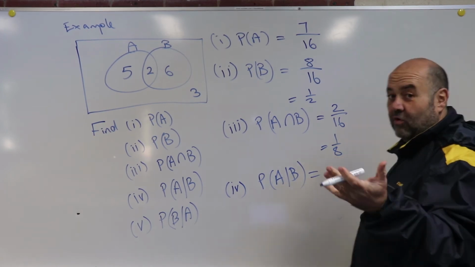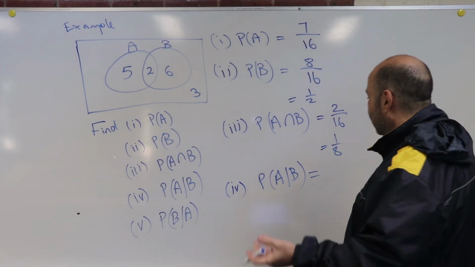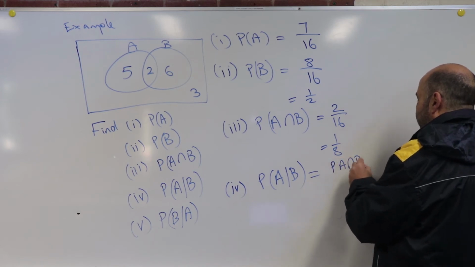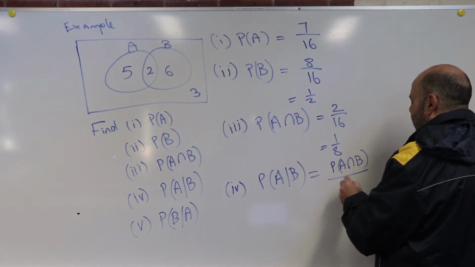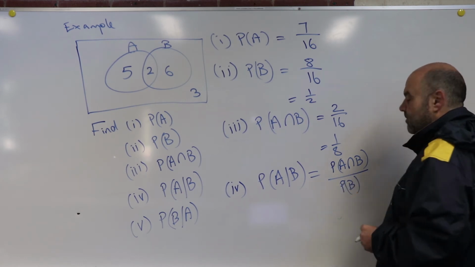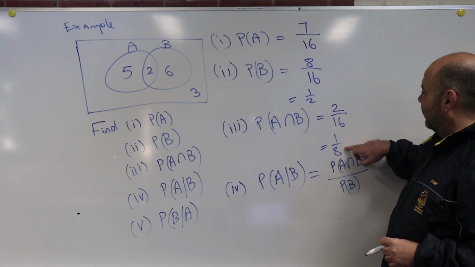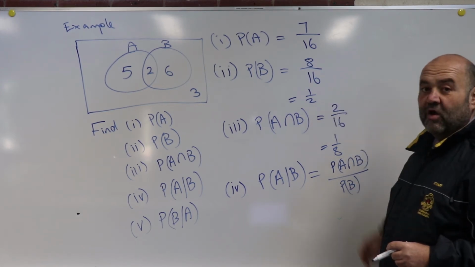If you just look up on your page that you're copying all this down on, that's the probability of A intersection B divided by the probability of B. Well, this is going to be 1 over 16 divided by 1 over 2.